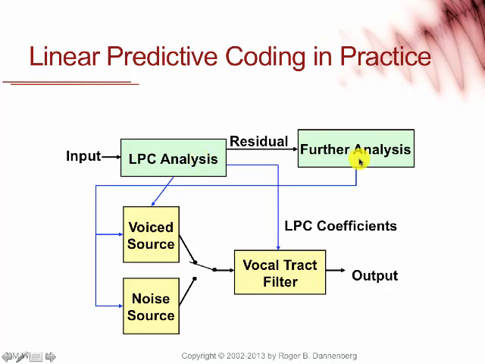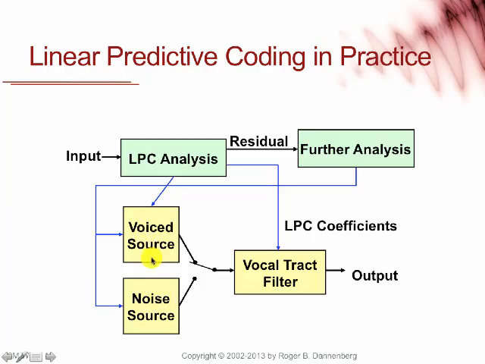The residual can be analyzed further, and the results of all of this are, first of all, the LPC filter coefficients are used to create a vocal tract filter, which changes from analysis frame to analysis frame. And the residual is used to control a voiced source and a noise source.